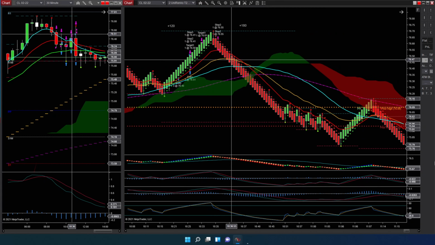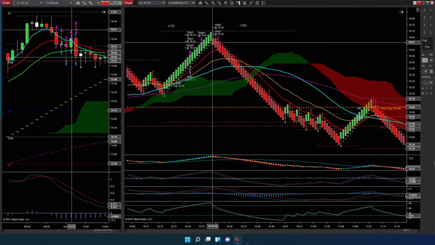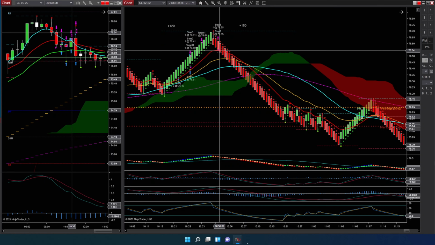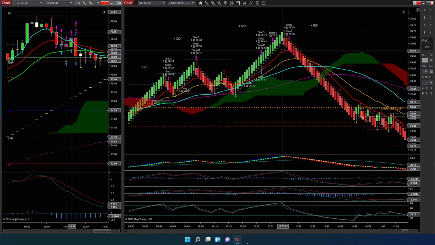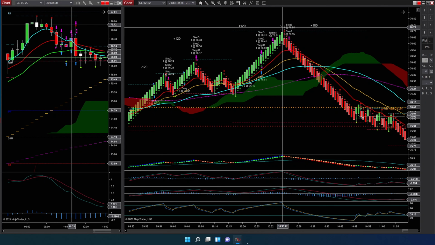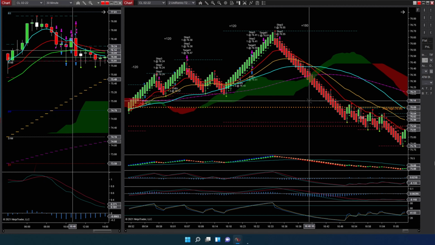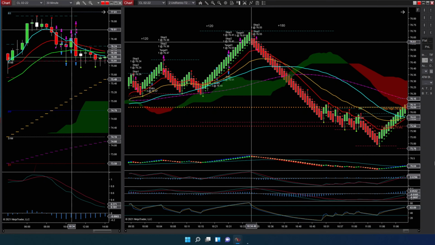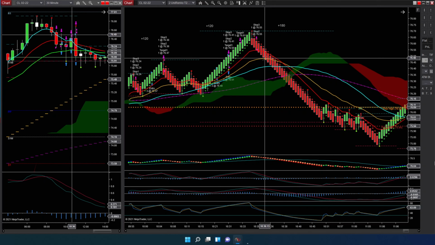Then the market kept moving down. There was no entry here, just a move straight down. Normally in crude, when it fails to go to the upside, it reverses and moves to the downside. But I didn't have any indication or any trigger to go in.